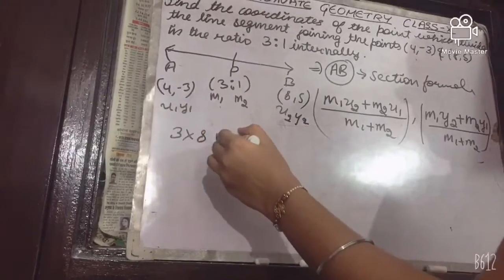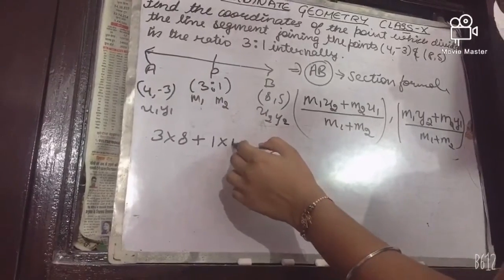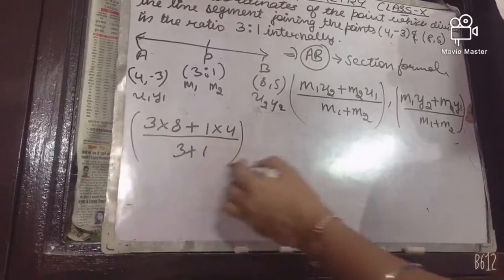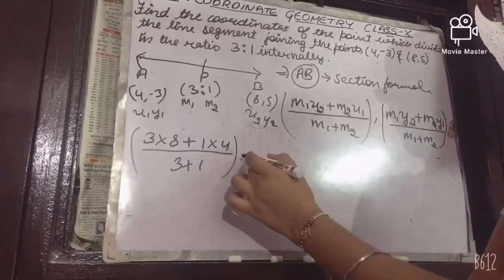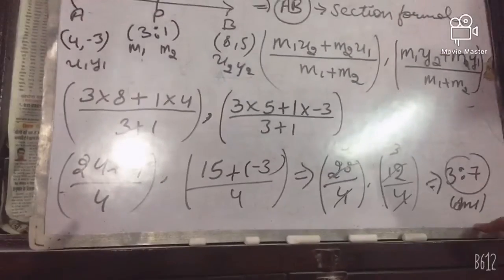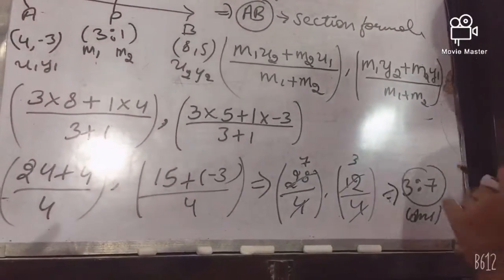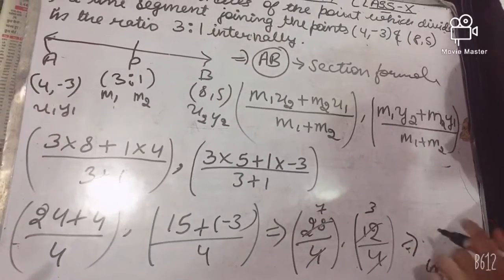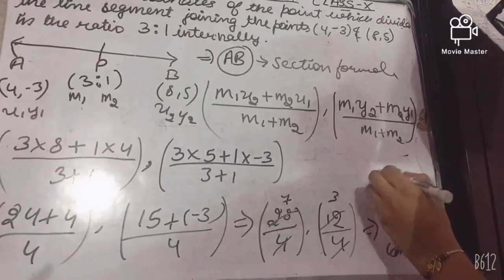Now we have to put, and the second formula that I have told you about, m plus n by. So the answer obtained is 3:7. And 3:7 is the ratio. 3 is the coordinate of P.